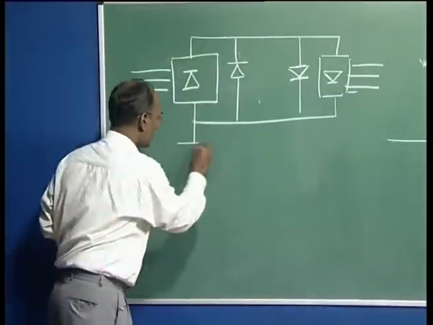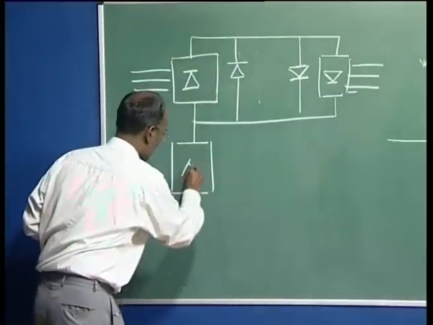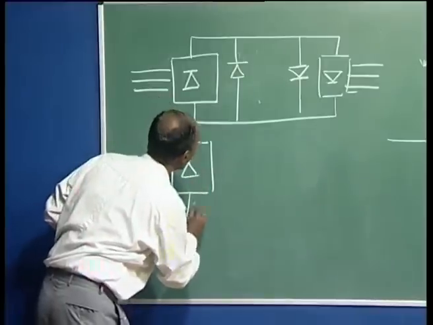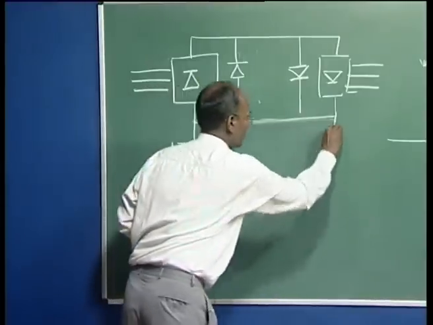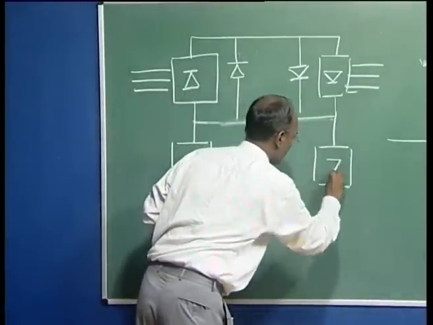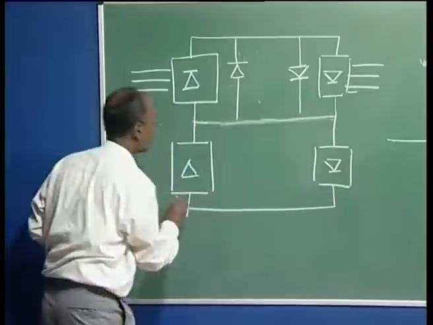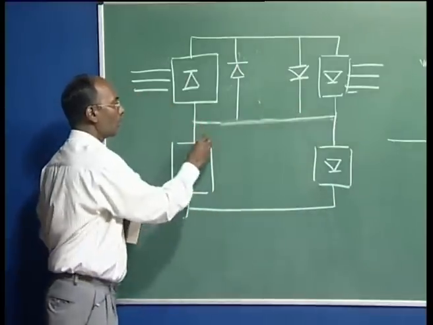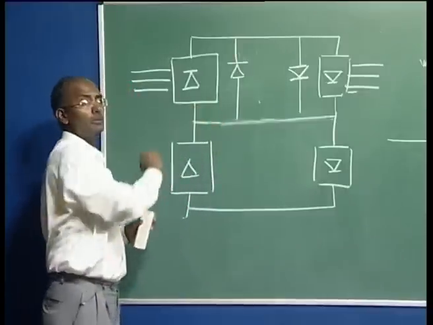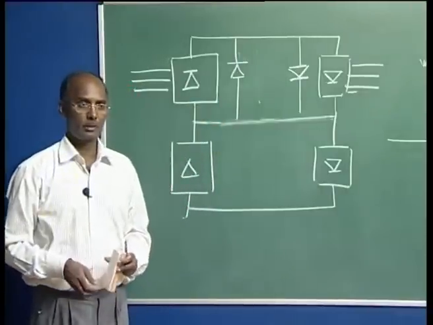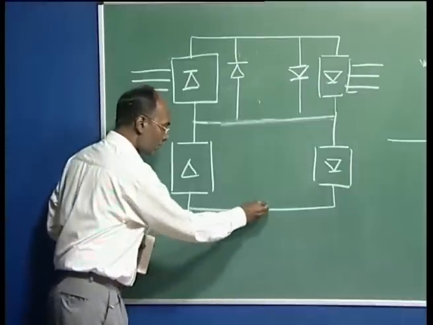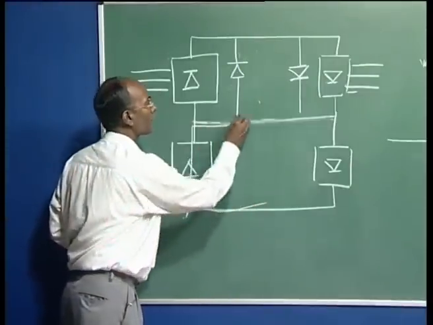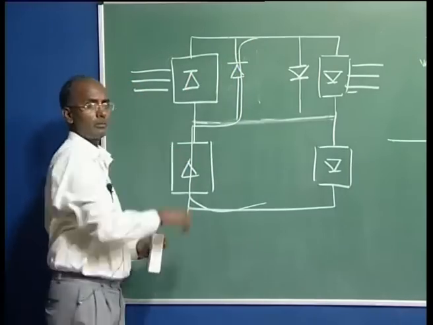Suppose you have another valve here, this is your converter circuit. Now, you want to take this bridge out for maintenance purposes. Without creating any problem, we want some current to flow through, and then you can take it out.